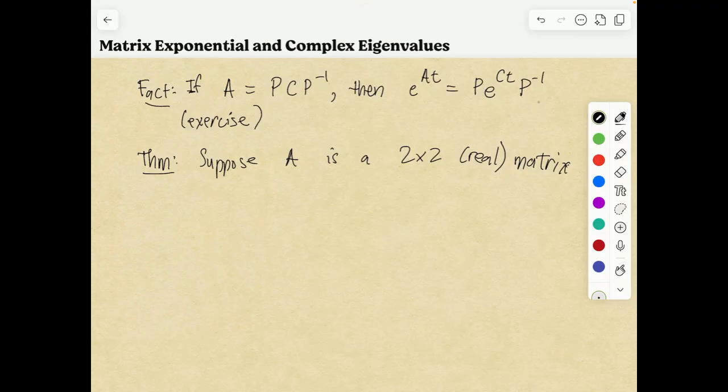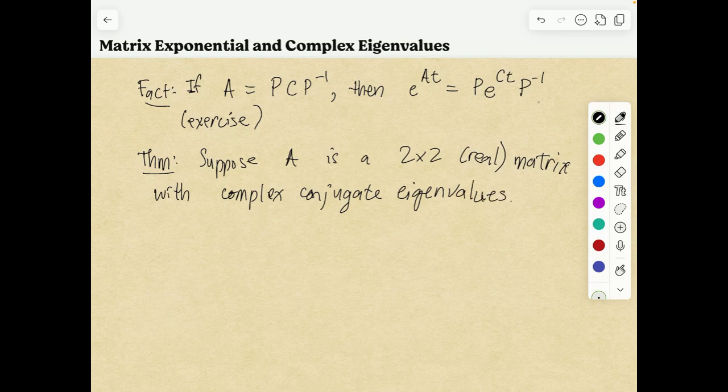Suppose it has complex eigenvalues, so non-real eigenvalues. Well, if they're non-real, then they have to be complex conjugates. Let's call them lambda equals a plus bi, and lambda bar equals the complex conjugate a minus bi, where a and b are real numbers.